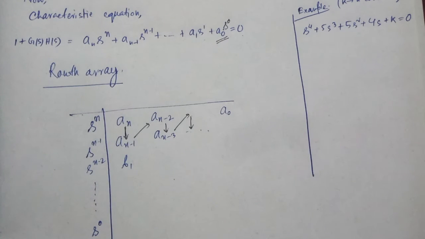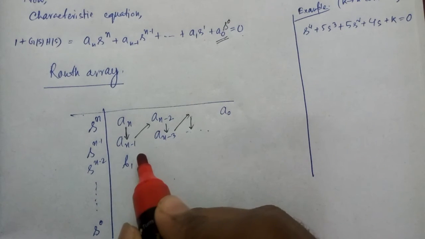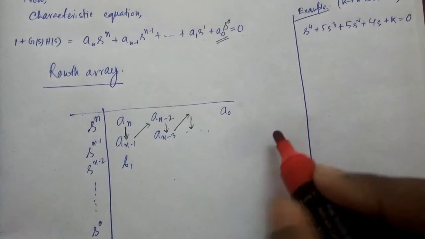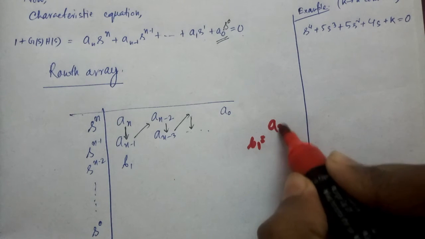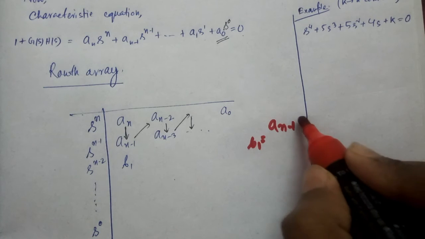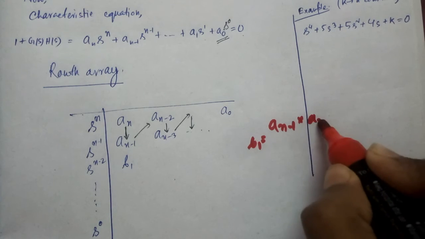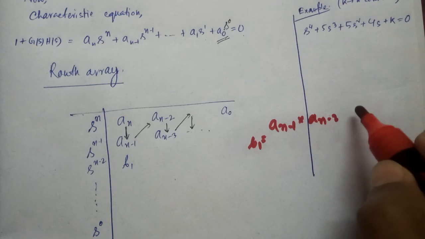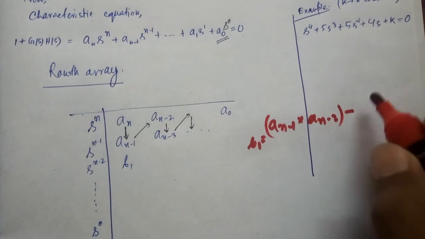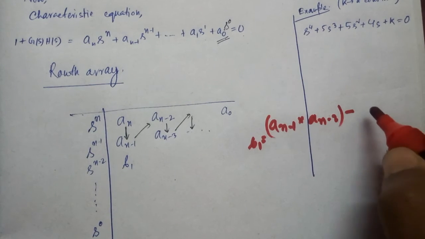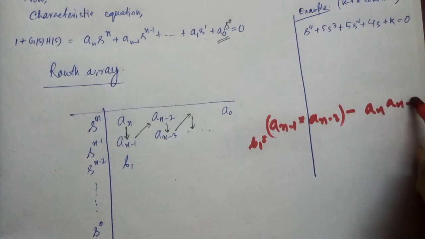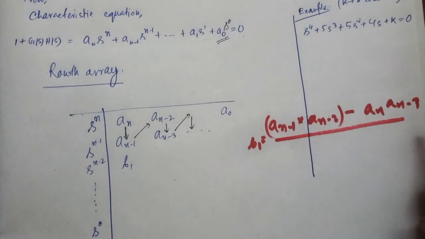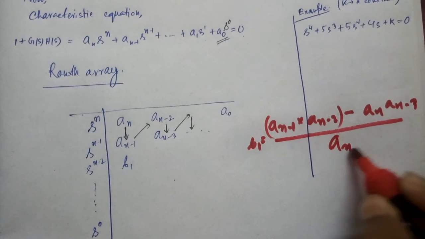So after that, when we are writing b_1, b_1 is equal to a_(n-1) into a_(n-2) minus a_n into a_(n-3), divided by a_(n-1).